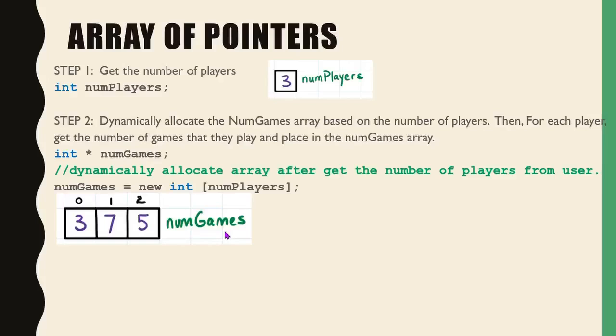Then you would want to dynamically allocate an array after you get the number of players and number of games from each user.